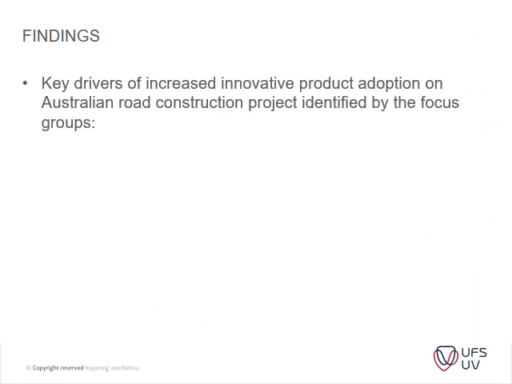Then the findings from the study: the key drivers of increased innovation product adoption on Australian road construction identified by the focus groups were pre-project product certification. So the main thing is before the project starts, if there was a new product that was specified, it would be approved.